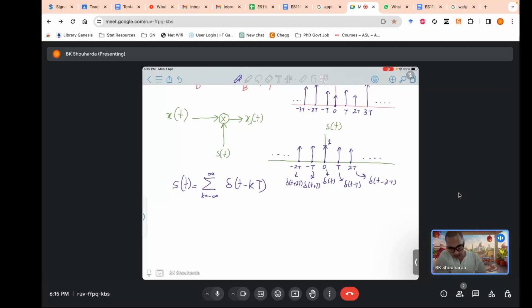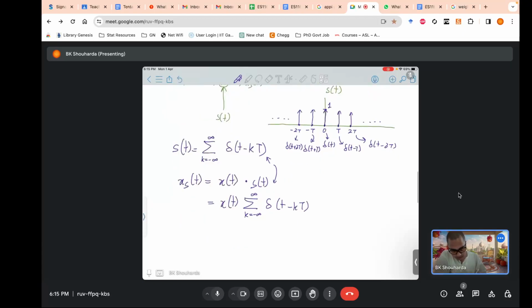So now what is x_s(t)? x_s(t) is x(t) multiplied with s(t). Let us bring in this expression over here: summation over k equal to minus infinity to infinity of delta(t minus kT), taking x(t) inside the summation, x(t) delta(t minus kT). Now what shall we do? We shall use the shifting operation.